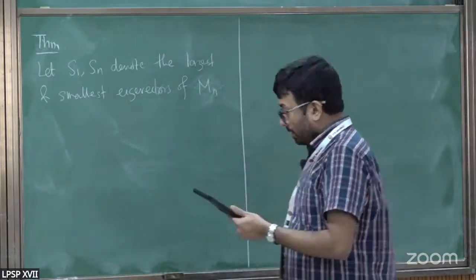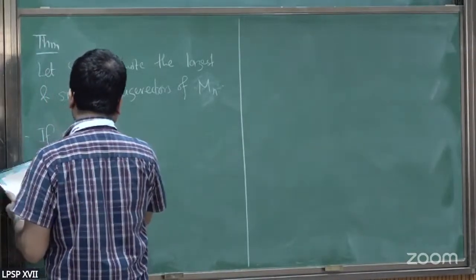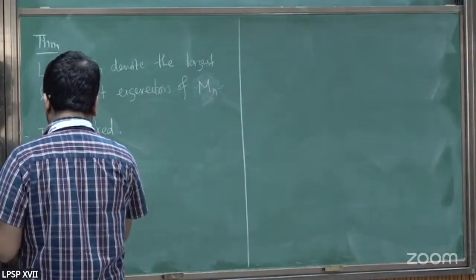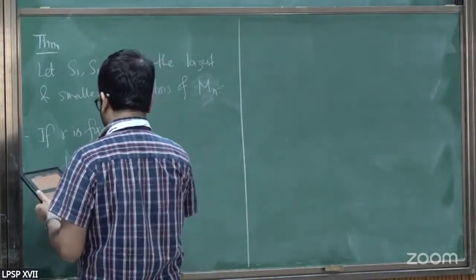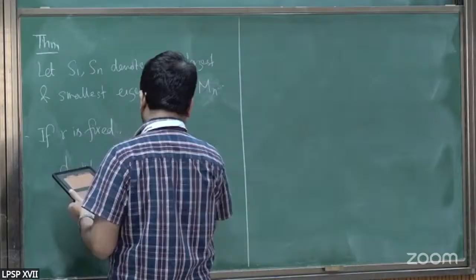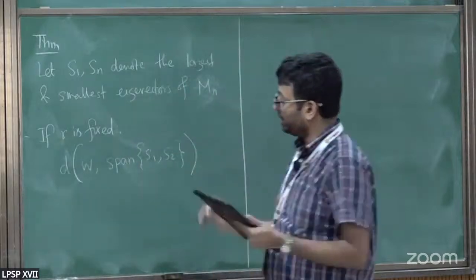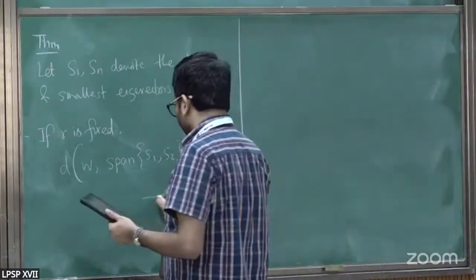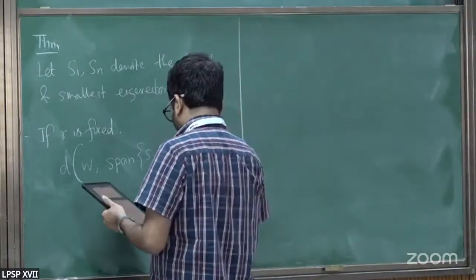Okay, so if r is fixed, then you can show that there is some information about the contraction direction W in the space spanned by these two eigenvectors. The distance between this W and the space spanned by these two eigenvectors converges to some non-trivial constant, which is less than 1. Convergence in probability.